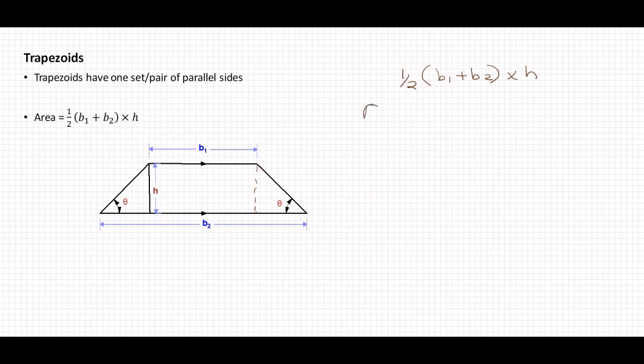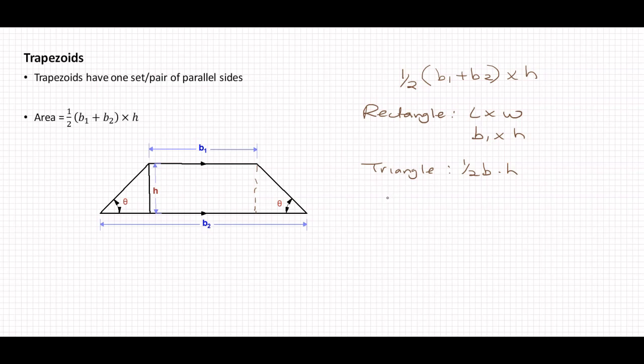So let's look at the rectangle. The rectangle is going to be length multiplied by width, so the rectangle here is B1 multiplied by height. And now we have the triangles. The area of a triangle is 1/2 base times height. So now we need to find the base here.